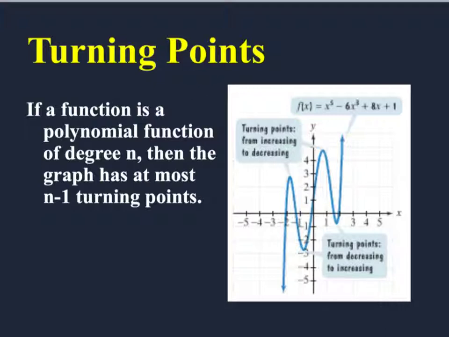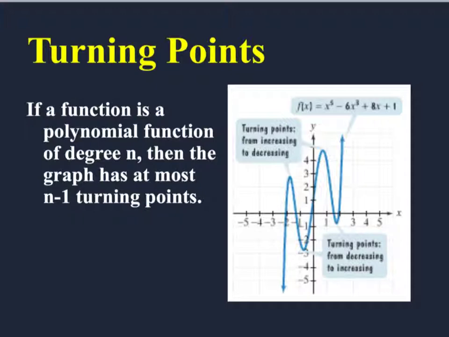However, typically it just caps here at what I have written on this slide. If a function is a polynomial function of degree n, then the graph has at most n minus 1 turning points, n being the degree of the polynomial. So if we look at this diagram, I have x to the 5th power, so 5 is the degree.